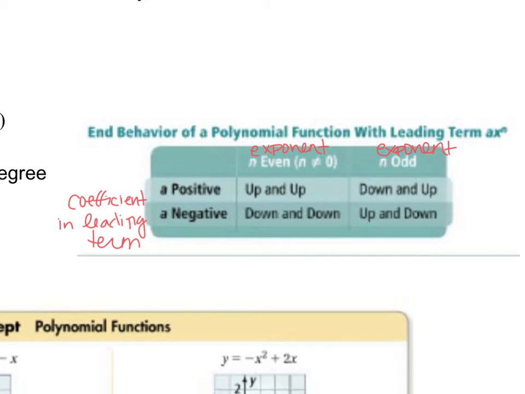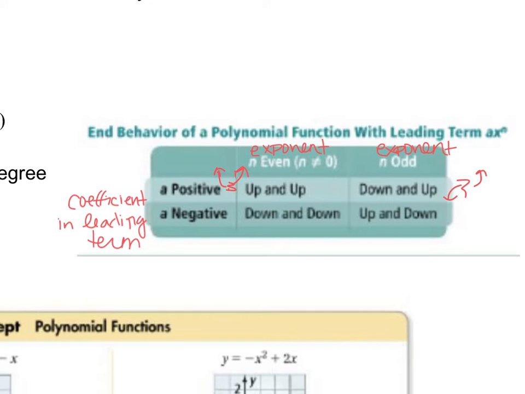If it's positive and the exponent is odd, then it's going to start, let's draw a picture. So up and up would look like this. Down and up would look like this. I'm going to erase this and draw this a little bit different because there could be some other stuff going on. So it could be like this. We'll do like a break in between because you don't know what's happening in between.